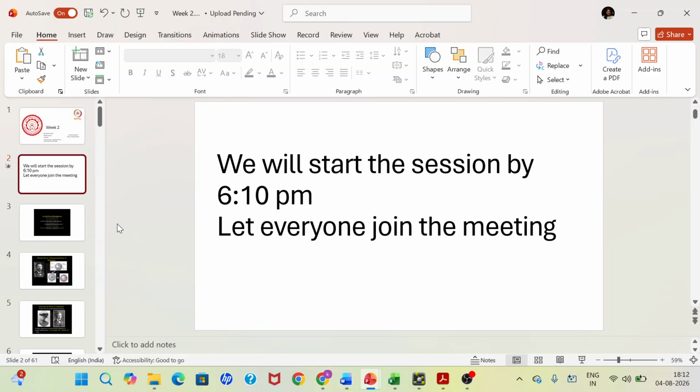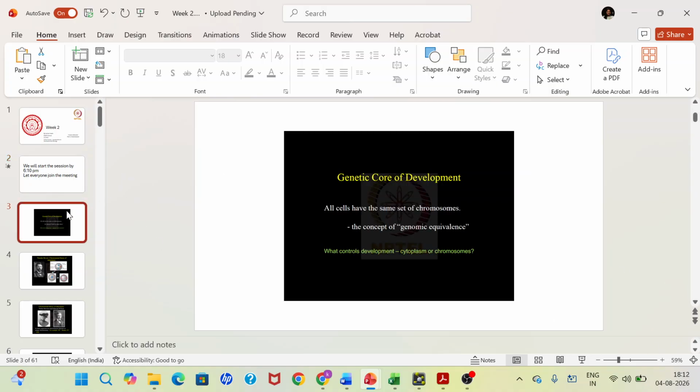Okay, guys. So in the last lecture, in the first week we had an introduction of what is developmental biology, and in the last week's lecture we studied about differential gene expression, how expression of different genes in different cells or different organs leads to different kinds of phenotype, and that phenotype helps us to make the whole complex organism.